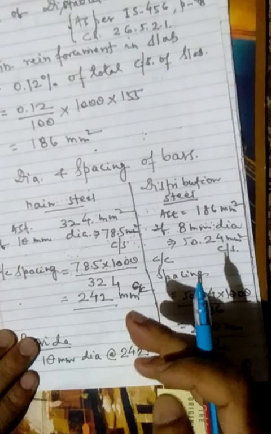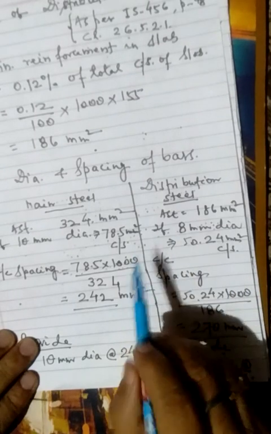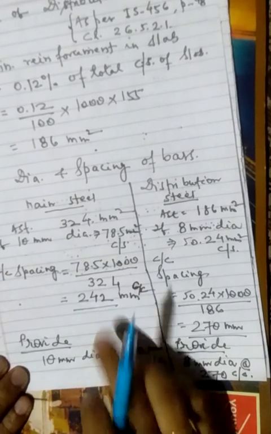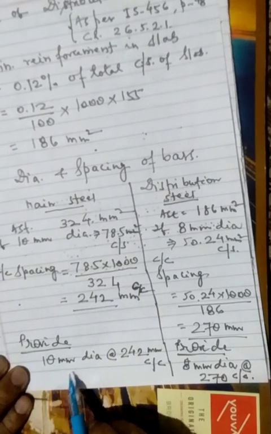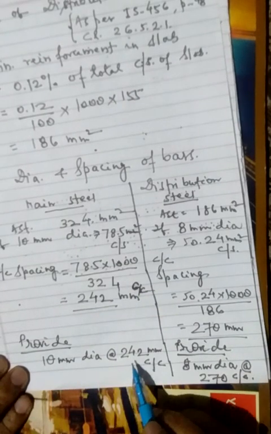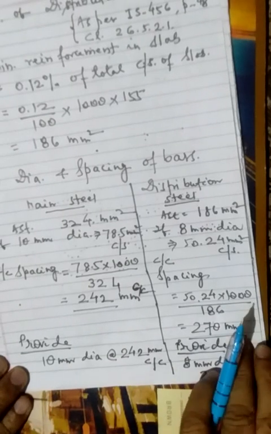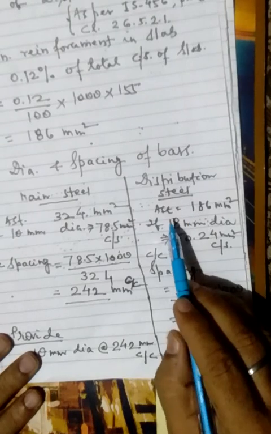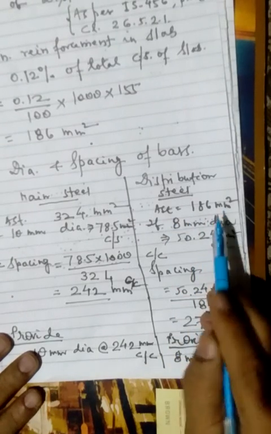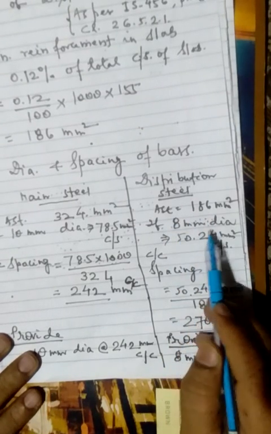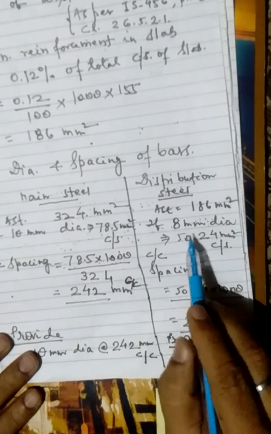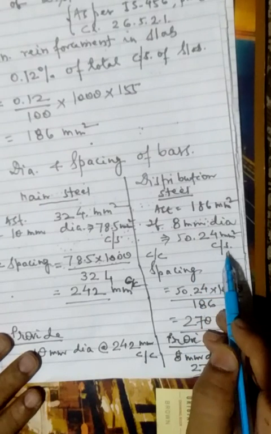Now for this data, we can provide the main steel 10 mm diameter bar at the rate of 242 millimeters center to center. Now similarly for distribution steel, the area which we obtained is 186 millimeter square. If we provide 8 mm diameter bar for distribution, then 1 bar cross section area for this 8 mm is 50.24 millimeter square.